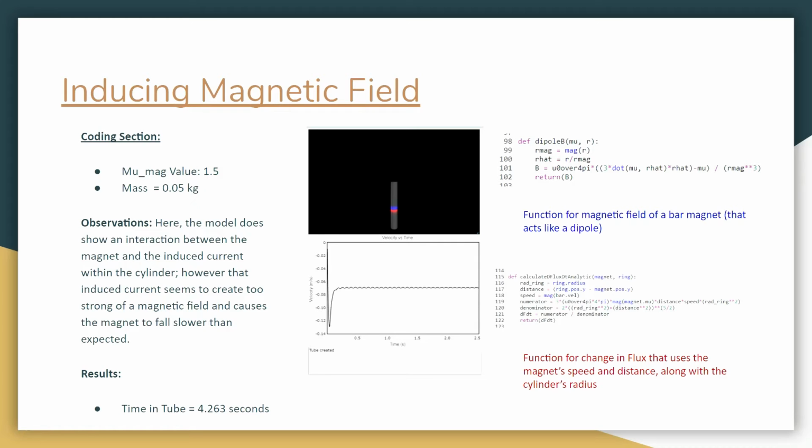I'm still not able to get reasonable results that emulate what would happen in real life. I get a result of around 4 seconds, and I'm not sure if this is due to the mu value that I used, or maybe something else that I don't see in my code. It's hard to determine that without a real-life model to use as a reference, so I'm not really able to figure out what the issue is.